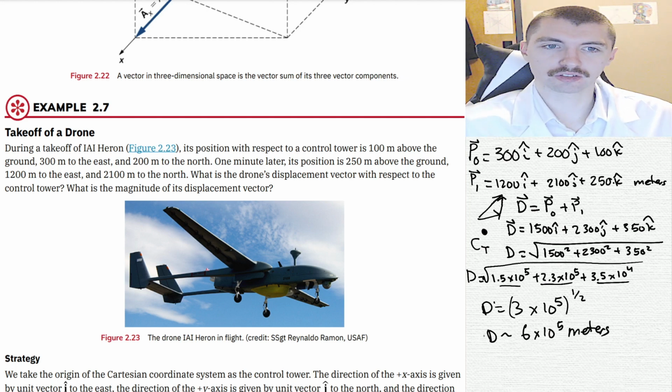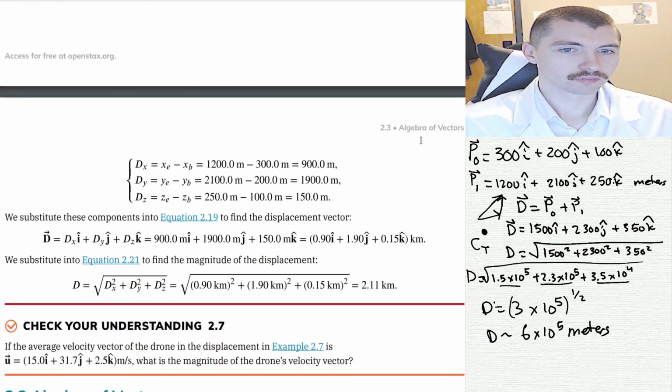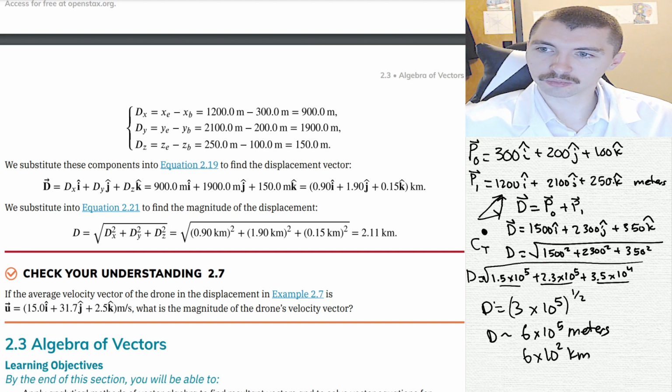So let's see if that's accurate. Okay, they're getting 2.1, and they want it in kilometers. So we're going to say 6 times 10 to the 2 kilometers.